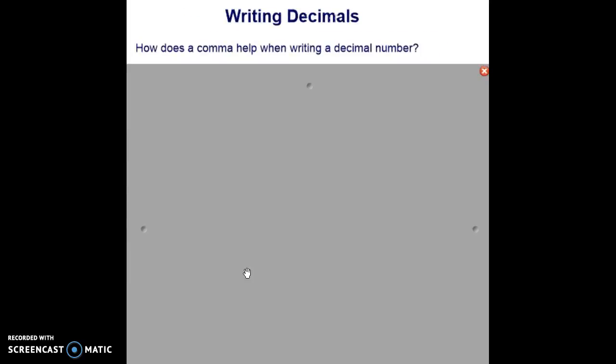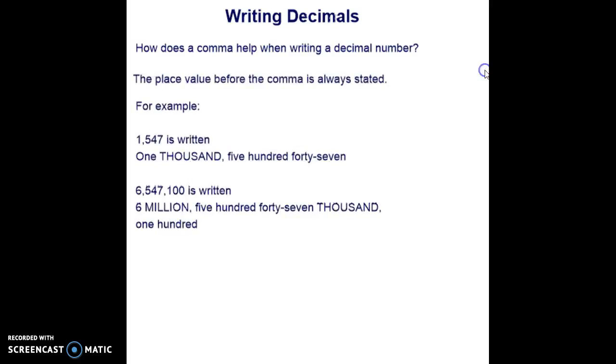So how does a comma help when writing a decimal number? How does a comma help? I want you to think about that for a moment and develop a mental response. The place value before the comma is always stated.